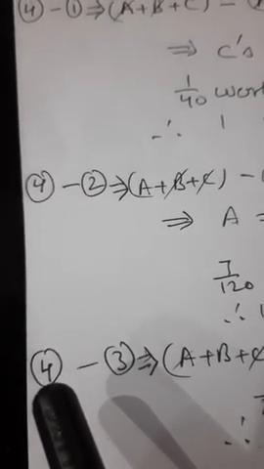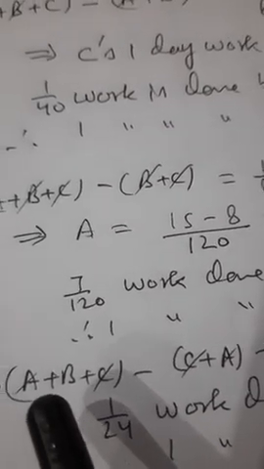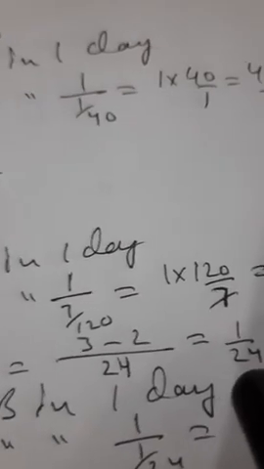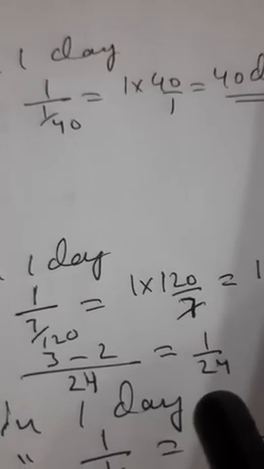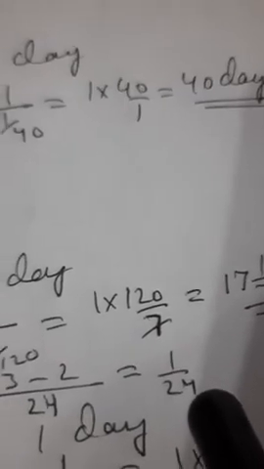Now we subtract equation 3 from equation 4. 4 minus 3 gives you, on the left we get A plus B plus C minus, the third equation has C plus A on the left side. The minus C plus A equal to 1 upon 8 minus 1 by 12. So on simplification, we get this as 1 upon 24.